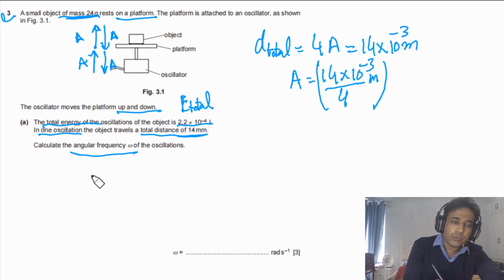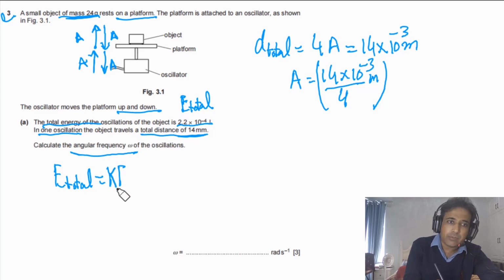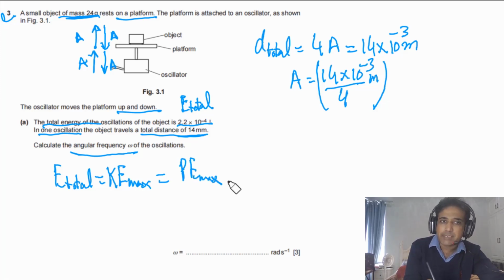The total energy E total can be equal to kinetic energy maximum. This also can be equal to potential energy maximum. But we can use kinetic energy here. So this is easy.